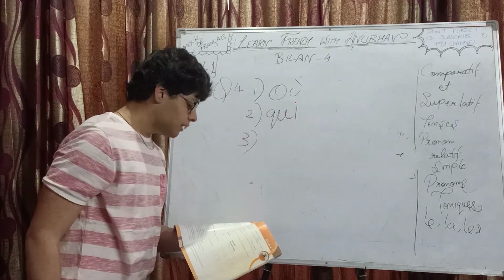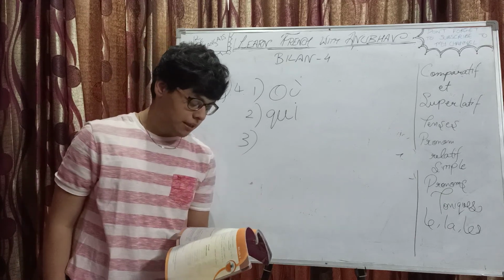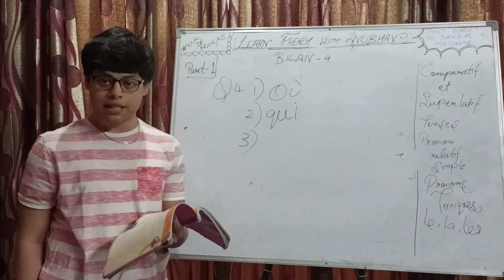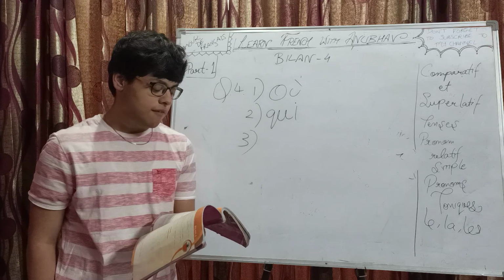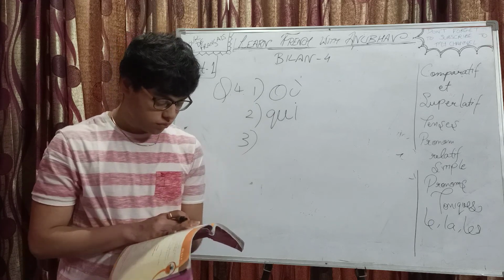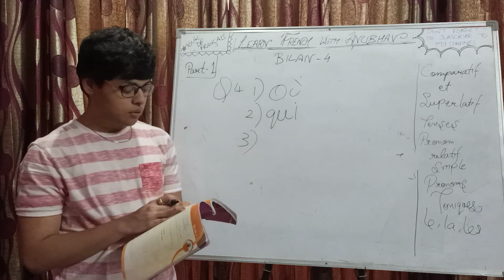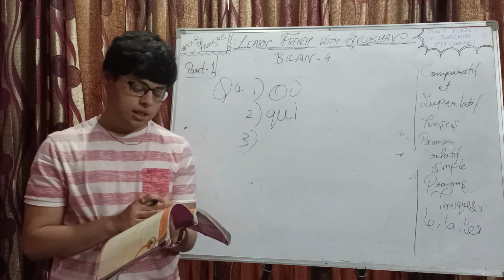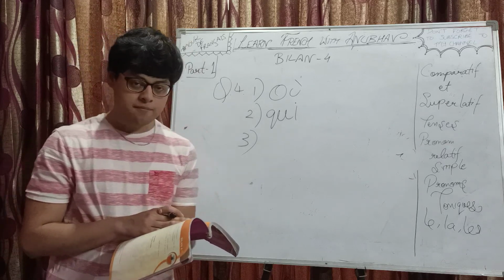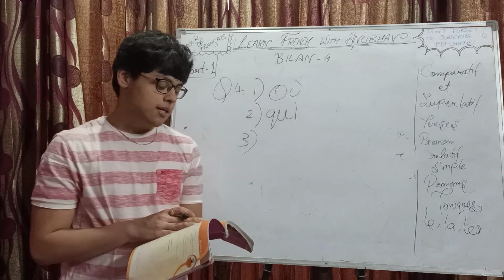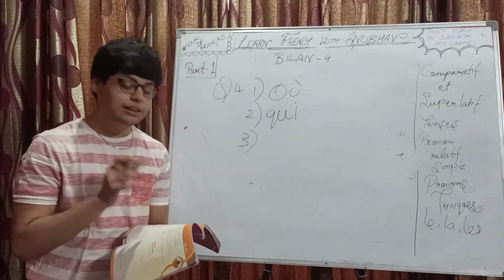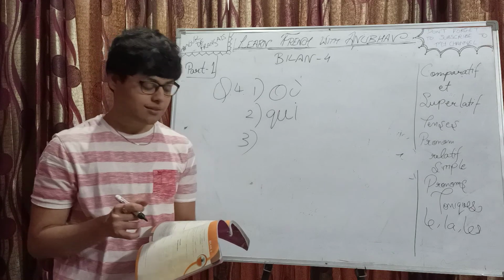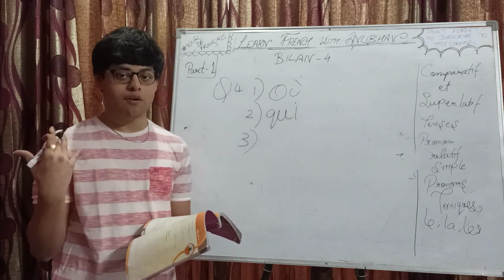Number 3, la maison dash vous voyez d'ici appartient à une actrice célèbre. Fine. So this house which you have seen here is of a famous actress. So since which is there, we have to use the one for which.